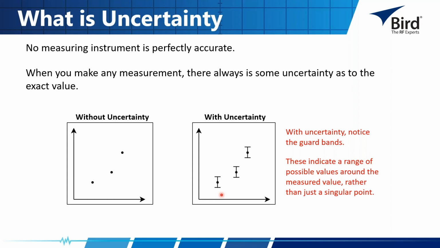We're trying to take that into account. So of course we could be a little more specific, and we could say it's 23 degrees Celsius, give or take a couple of degrees. And then again, we're saying give or take, and we're implying that there's still some doubt about this estimate. But this time we're actually assigning some limits to the extent of that doubt. And that's the idea with the guard bands.